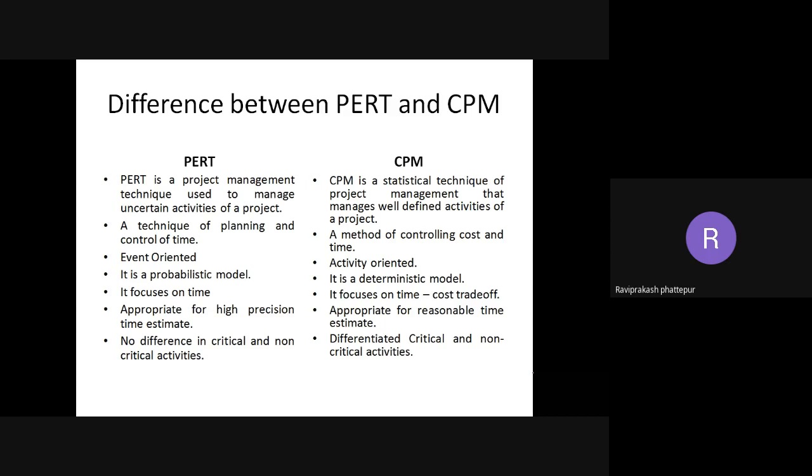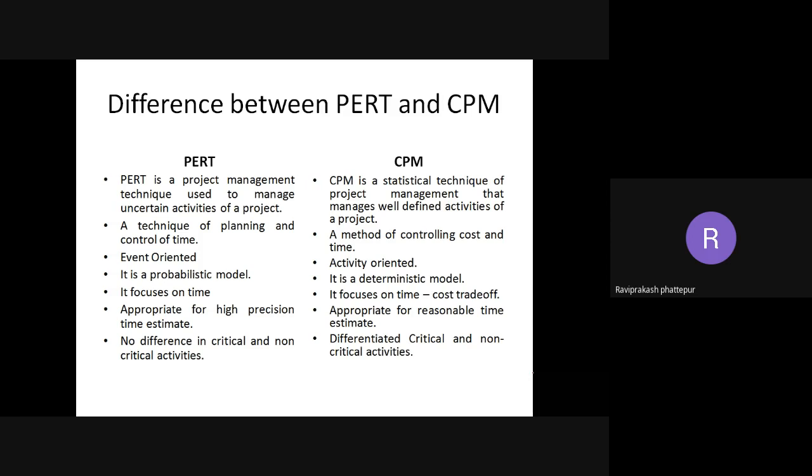But in CPM, critical and non-critical activities are differentiated, so it will tell you which activities are important and which are not that important, but all the activities need to be done to complete the project. Okay, but in that also there will be some very important things. So what are those things being categorized between critical and non-critical?